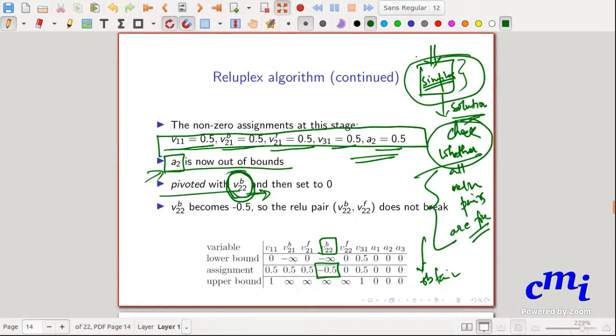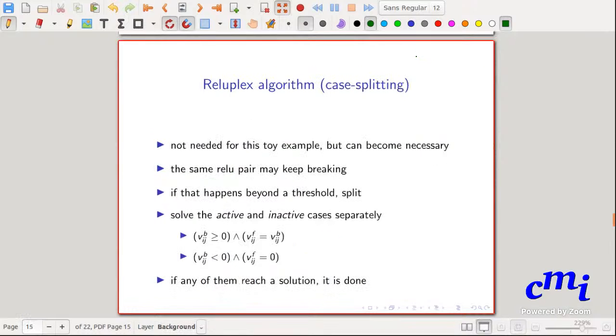So the way they fix this is by saying that if the same ReLU pair breaks more than some t times, or I think the number that they used in the experiments was more than 10 times, then they don't hide that ReLU constraint from the solver anymore.